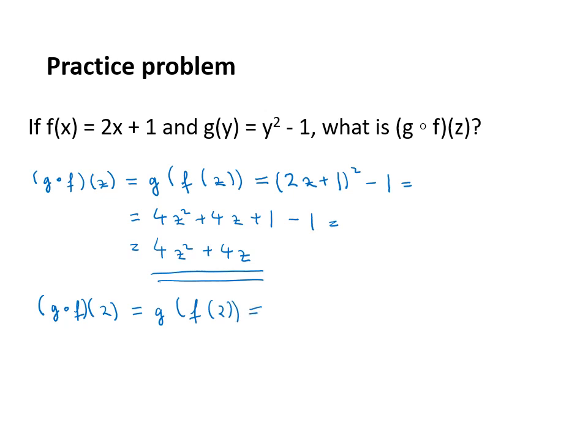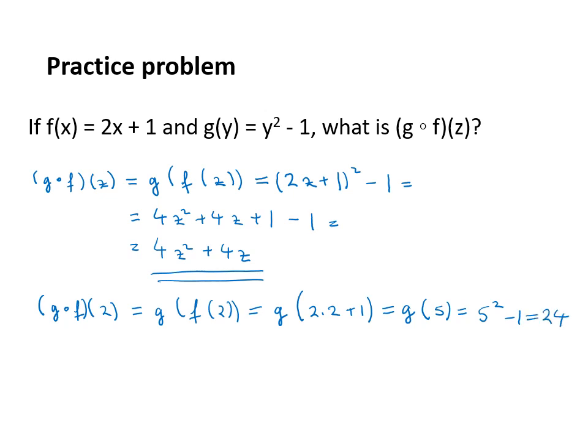So that is equal to g of 2 times 2 plus 1, that was f, that is equal to g of 5, and that is equal to, we plug in g, 5 squared minus 1, which is equal to 24.